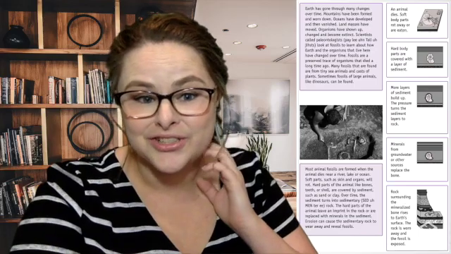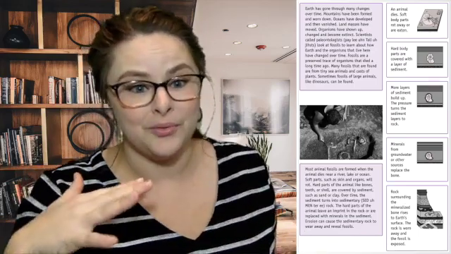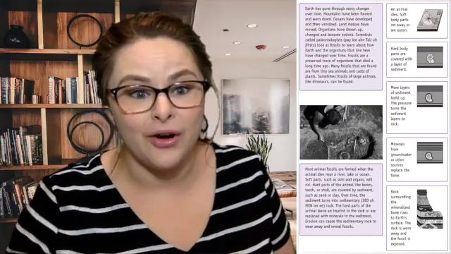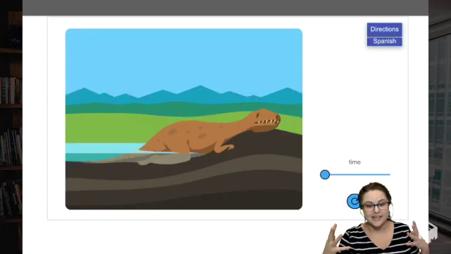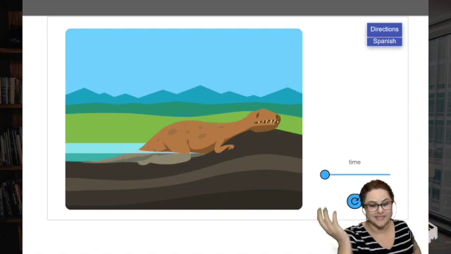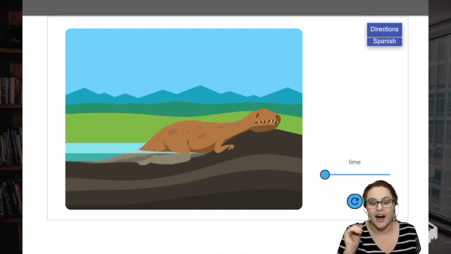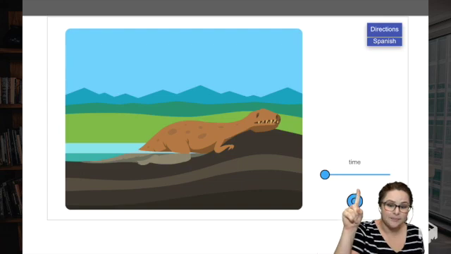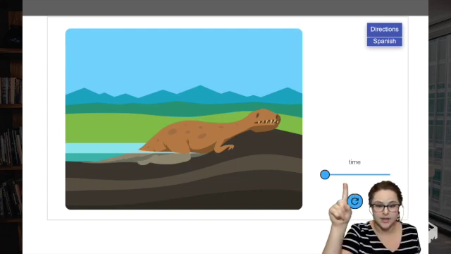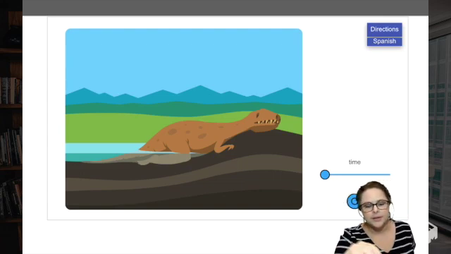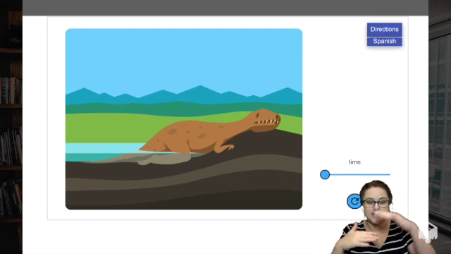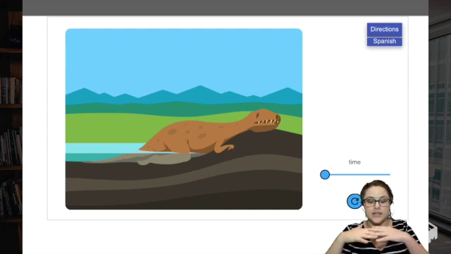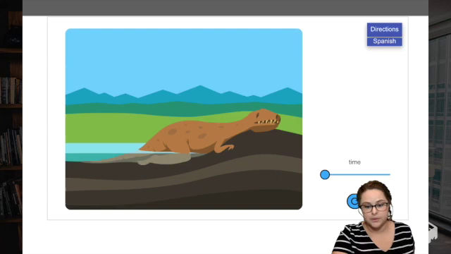I am going to show you another page where we can understand this a little bit more and the different steps that are involved. So here you can see I have a dead dinosaur, and I'm going to move this time bar that's above me. You can see it says time and then it has this big blue line. You're going to watch as that rock and sediment gets layered and layered until it makes a lot of pressure and it gets those dinosaur's bones.